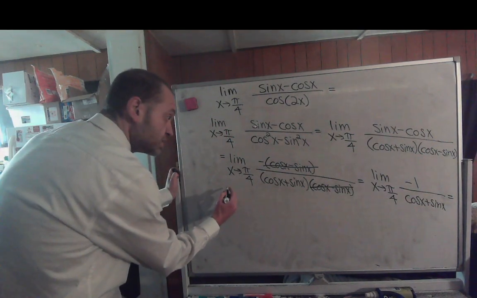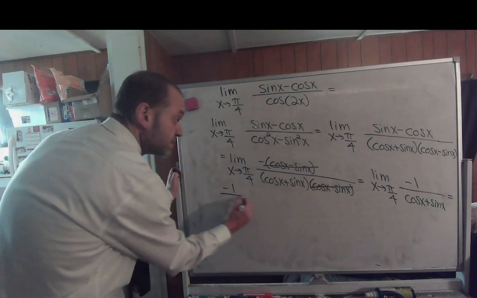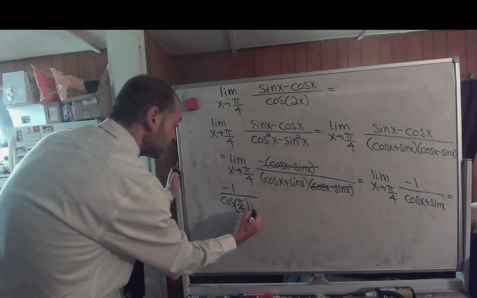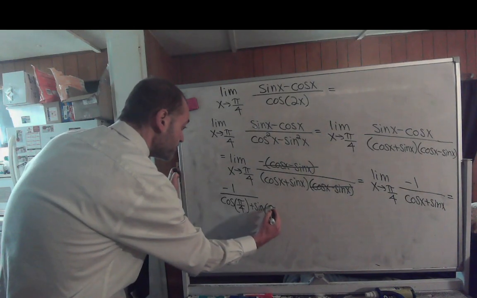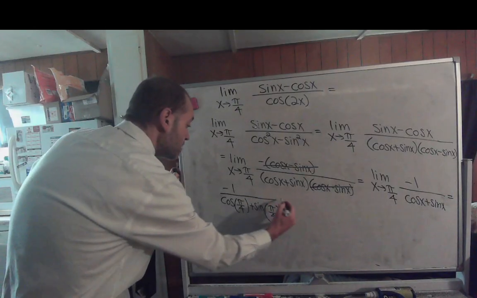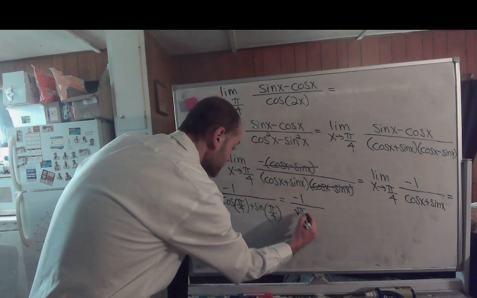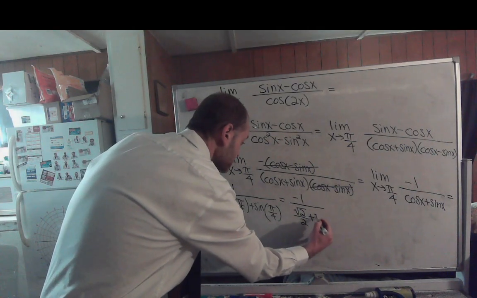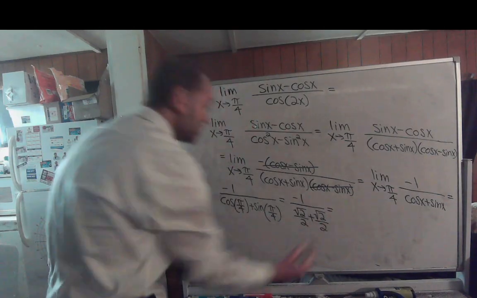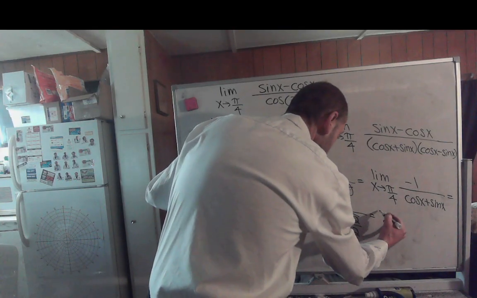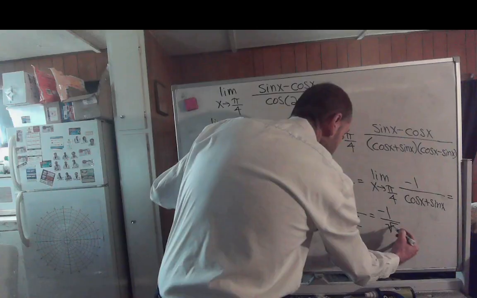This would end up turning into -1 divided by the cosine of pi over 4 plus the sine of pi over 4, which is -1 divided by the square root of 2 over 2 plus the square root of 2 over 2, which would end up giving you -1 all over 2 times the square root of 2 divided by 2, which would actually then end up turning into -1 divided by the square root of 2.